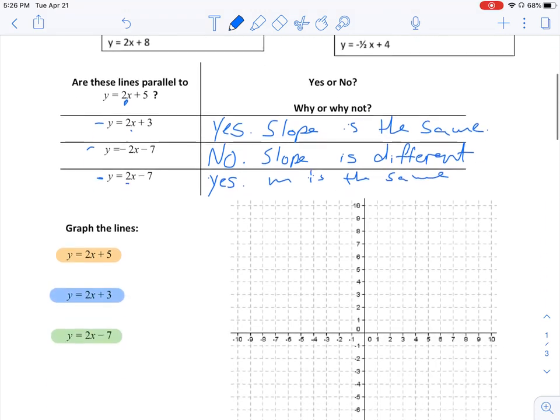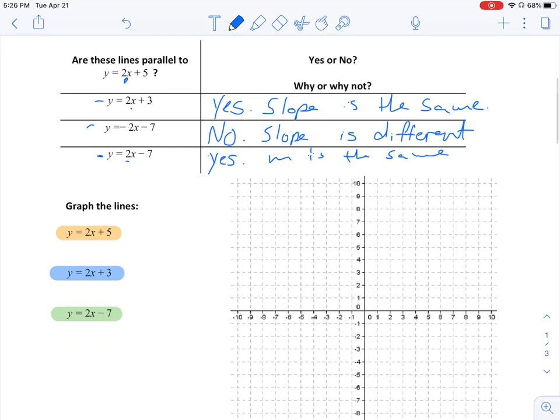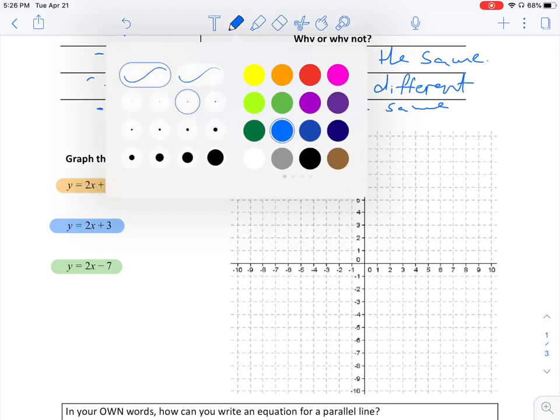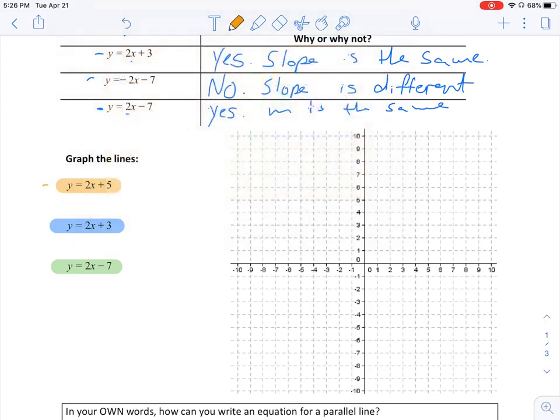So when we have these lines, y equals 2x plus 5, y equals 2x plus 3, and y equals 2x minus 7, and we go ahead and graph them, we're going to see visually what that looks like. So my first graph line here, y equals 2x plus 5.